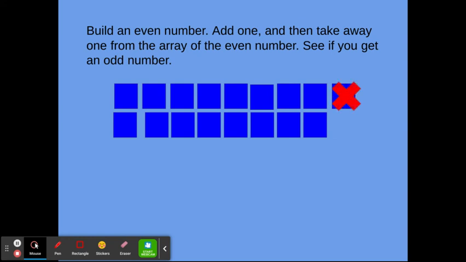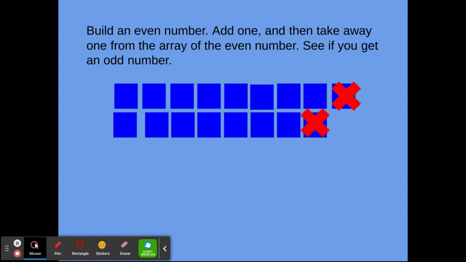So what if we took another one away? What do we have? Do we have one sticking out now? No, we do not have one sticking out now. So that means that we have an even number.